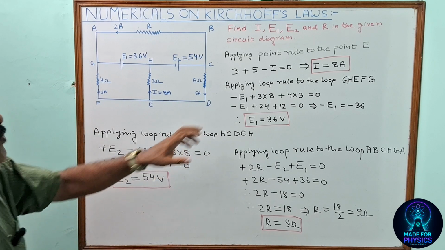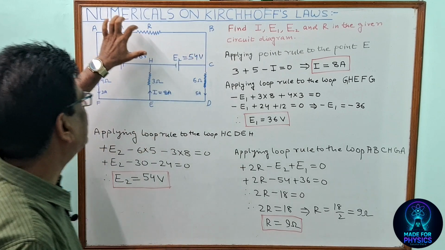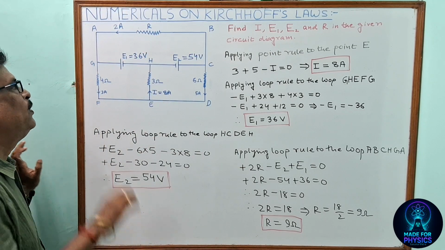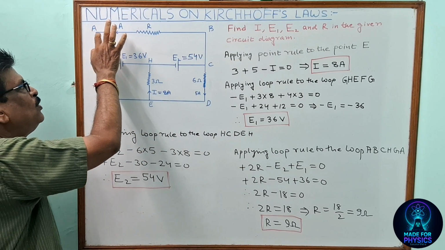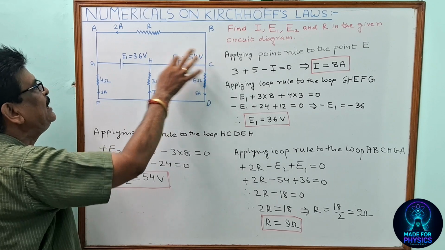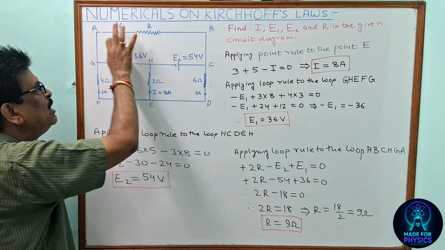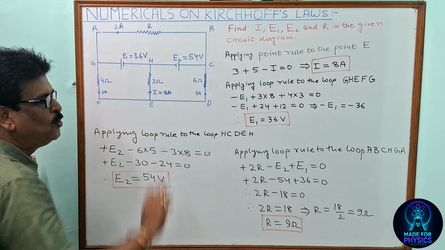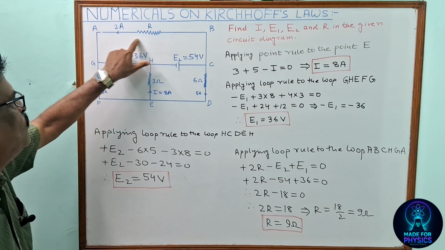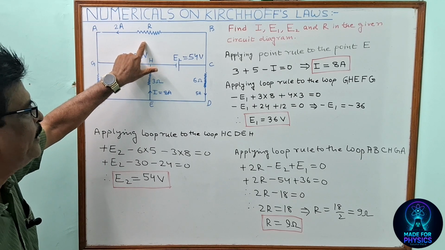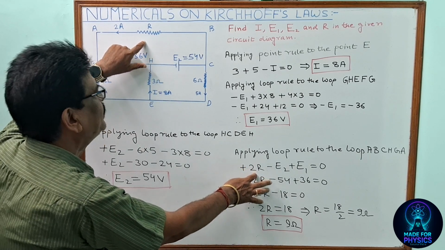Lastly, we have to solve for this R. So again we'll apply loop rule to the loop A, B, C, H, G, H. First of all, you are moving against the direction of the current, so this is plus 2R.